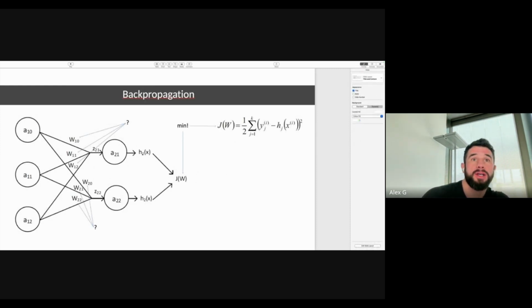h1 from x is a function of a0 plus a11 plus a12. And the loss function is a function of h1x and h2x. Doesn't it sound familiar?